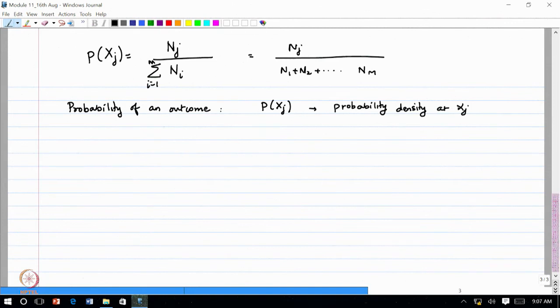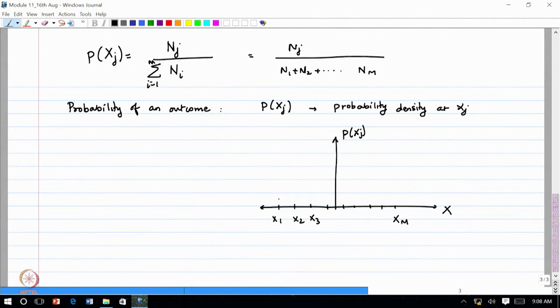And what you would imagine is that suppose I have this variable, and I plot the values of x, and let us say these are x 1, x 2, x 3, all the way to x m. So, these are the possible values of x on the line, and let us say I plot the probability on this axis, p of x j.